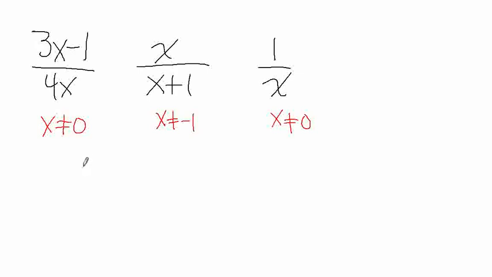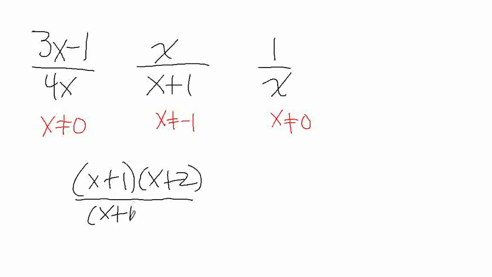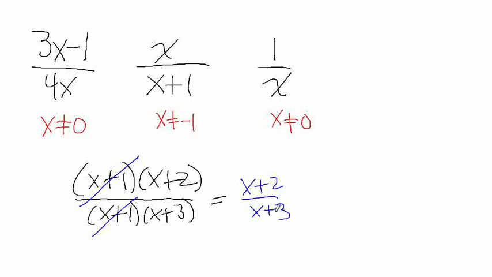For example, suppose I factored the polynomials at the top and bottom of a rational expression, and I got x plus 1 times x plus 2 divided by x plus 1 times x plus 3. That rational expression is equal to the rational expression I get by canceling out the x plus 1s. This is reducing the rational expression. So keep that in mind.